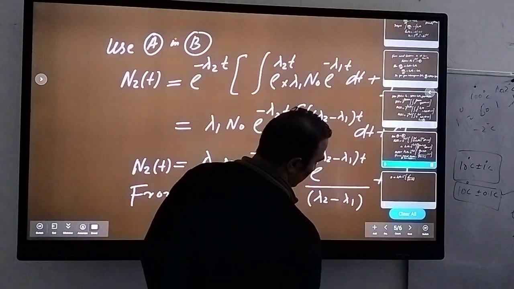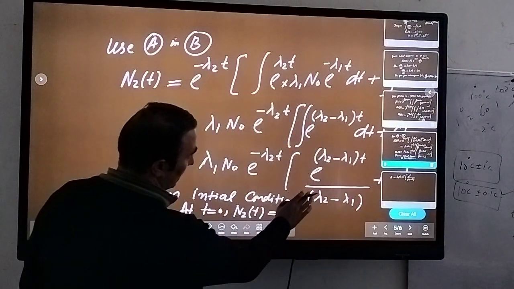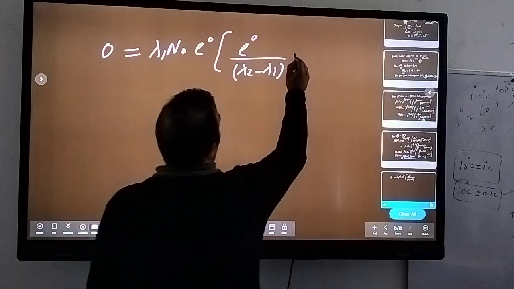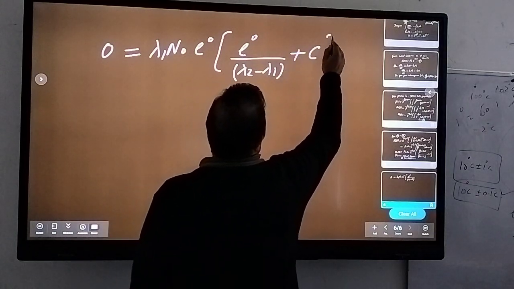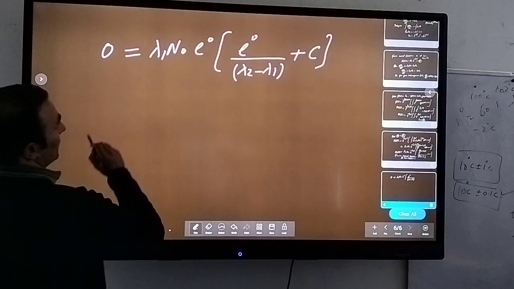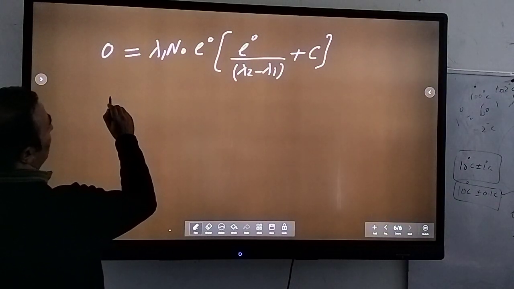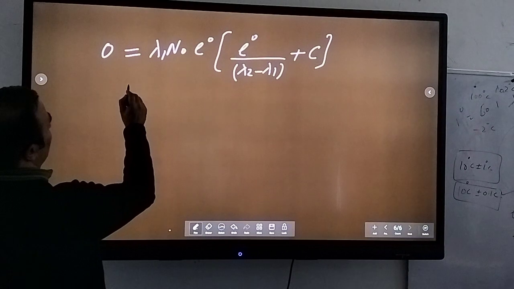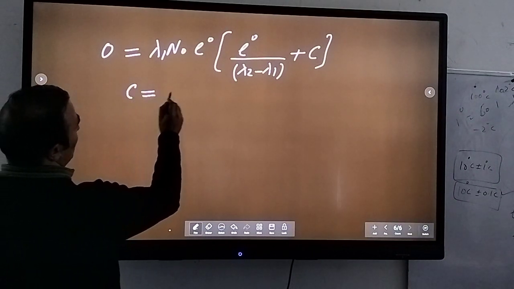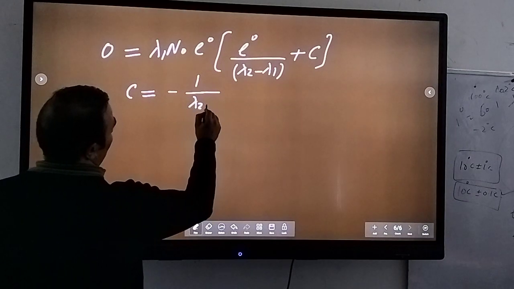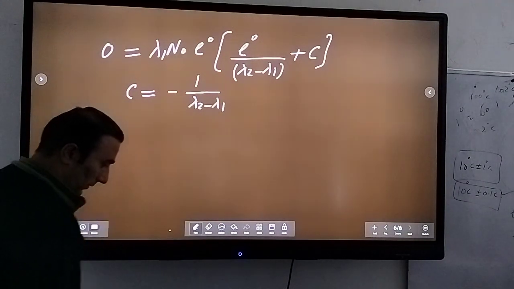What else is there? So there is that. So this will be e raised power 0 lambda 2 minus 1 plus c. Okay. So that means our c will be equal to minus 1 divided by lambda 2 minus lambda 1.